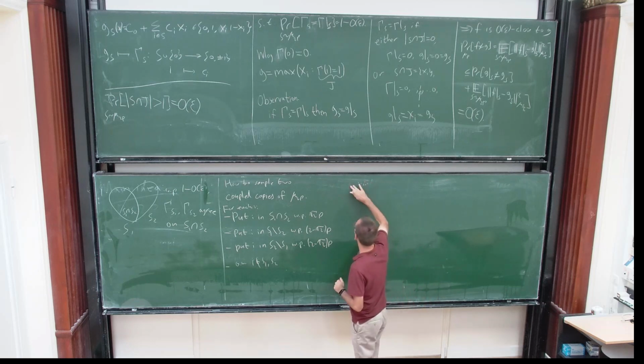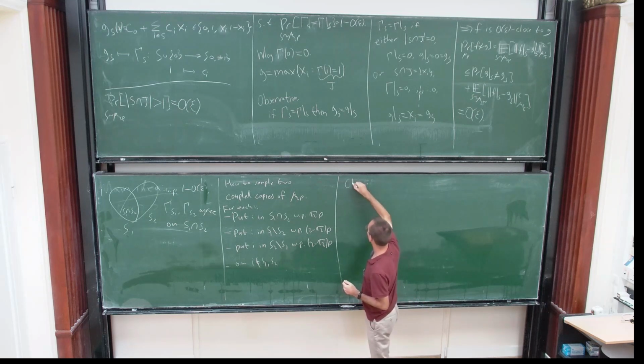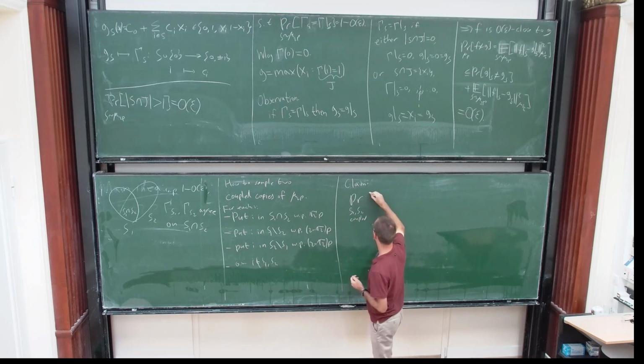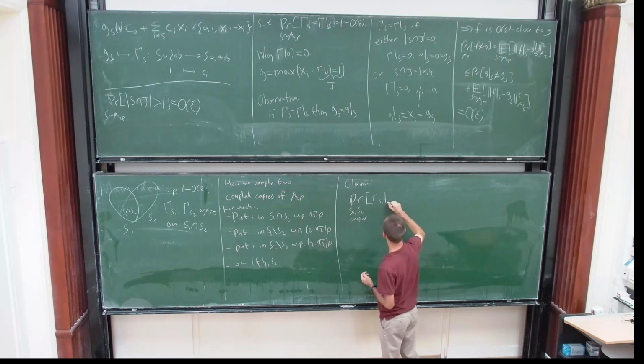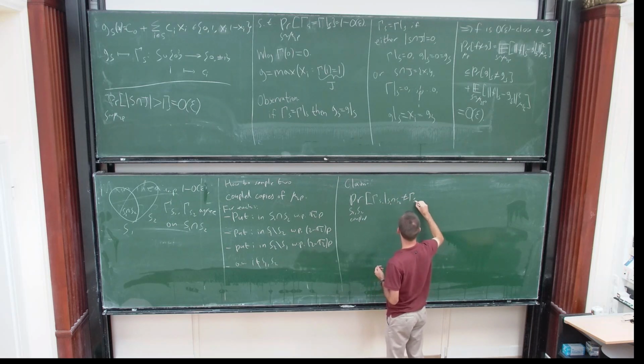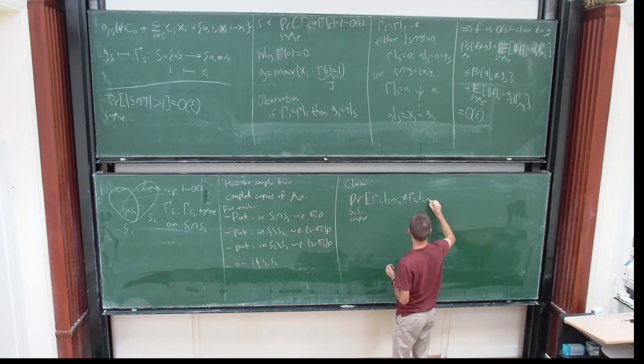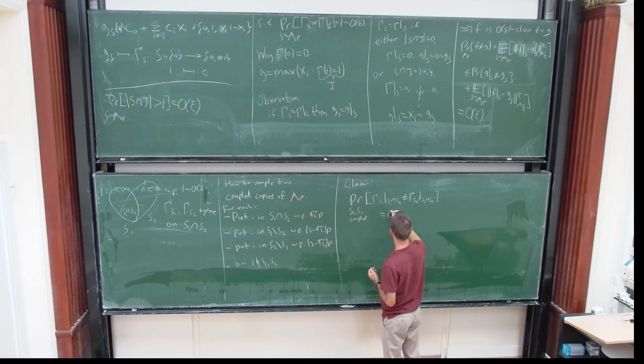Okay. And now the claim is that if you choose S1 and S2 in this way, coupled, the probability that gamma S1 restricted to S1 intersect S2 is different from gamma S2 restricted to the intersection, this is order epsilon.